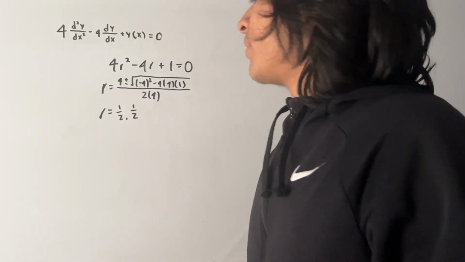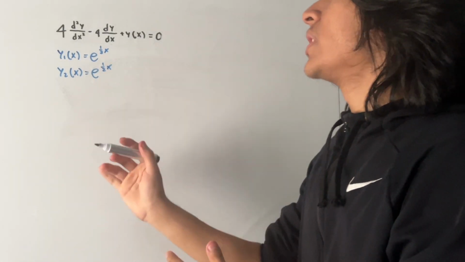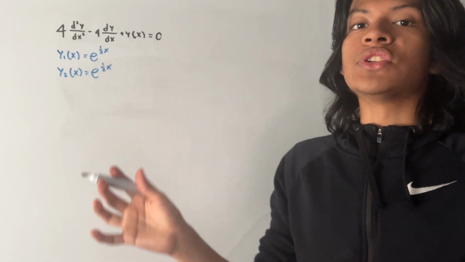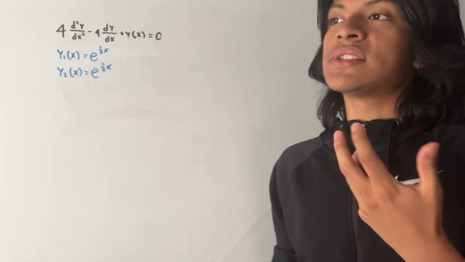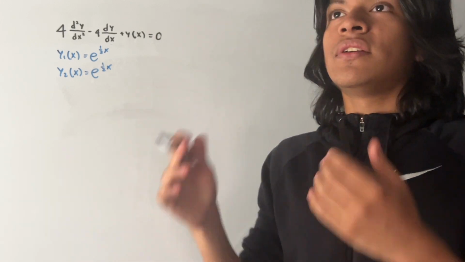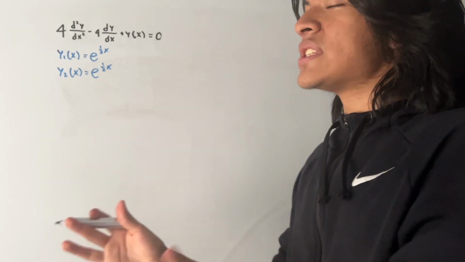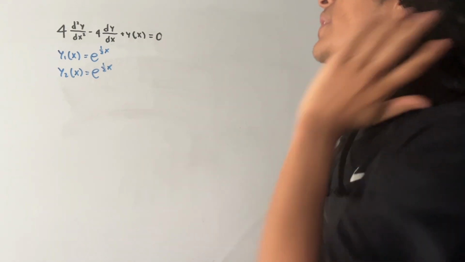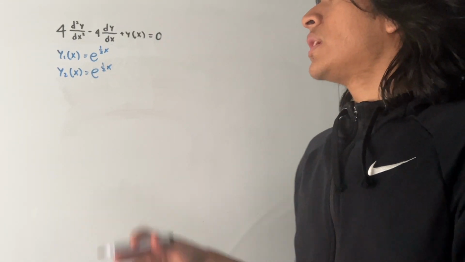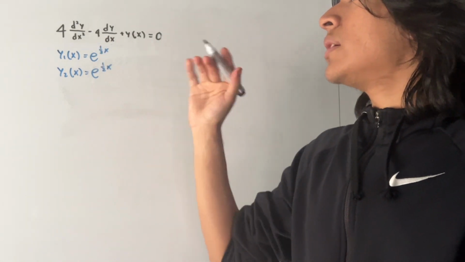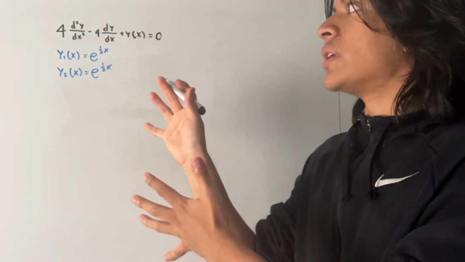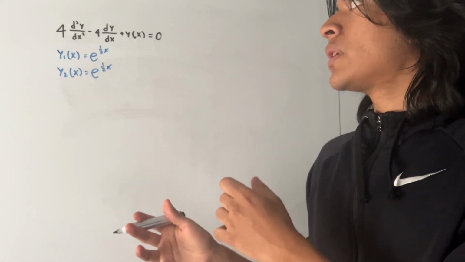Technically we would have both of these as solutions for our differential equation. Even though they're the same thing, for what we know right now they're technically separate. So these are the pair of solutions that we would have for this differential equation. Even though they're the same, I'm going to put it like this for what we'll see in a bit.